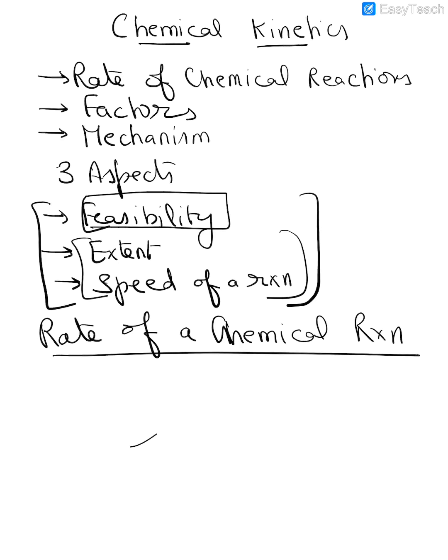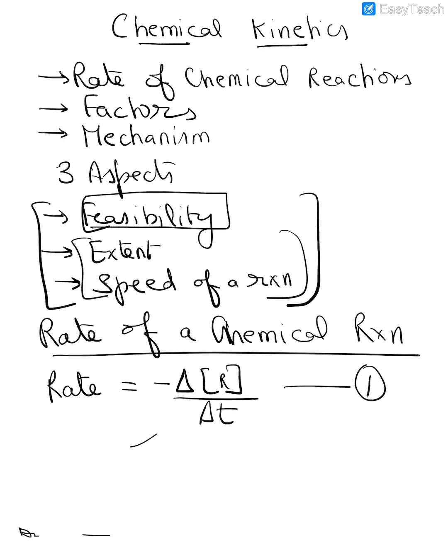So, rate of a chemical reaction can be expressed either in terms of the decrease in the concentration of reactants, or increase in the concentration of product.